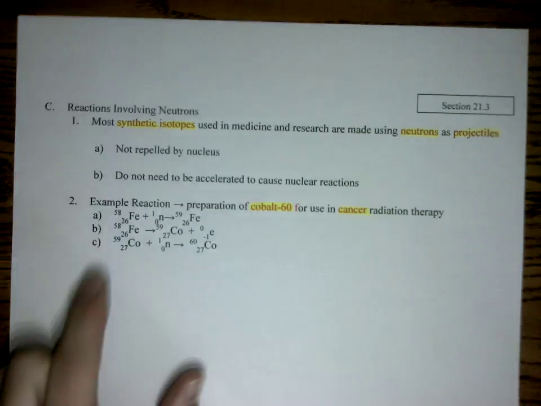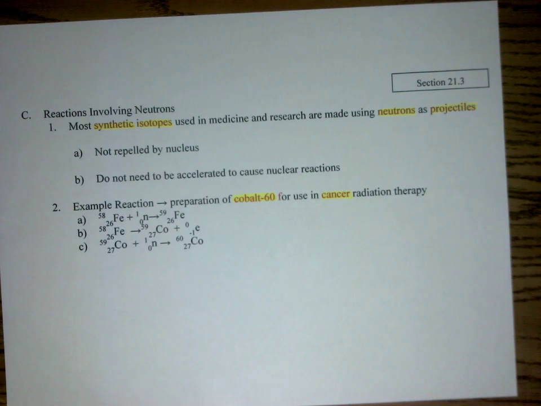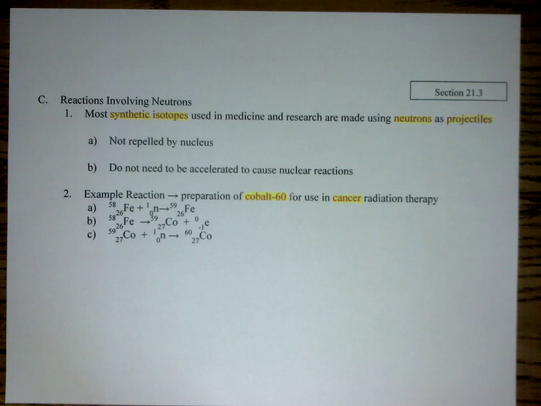You can see all the transmutations it undergoes to become cobalt-60, that radioactive isotope, and allow for that radiation therapy to occur in cancer. So there are medical applications as well as those detailed research portions too.